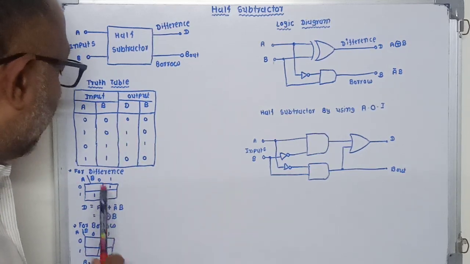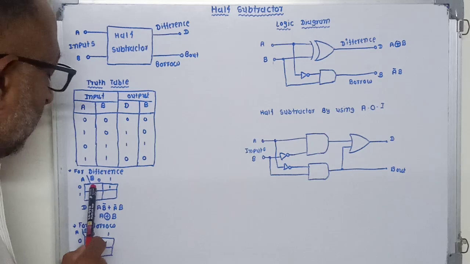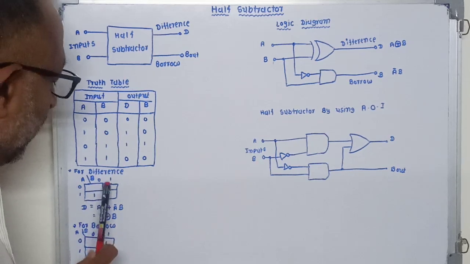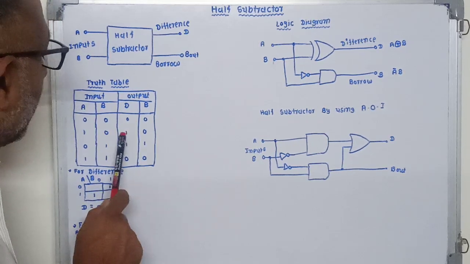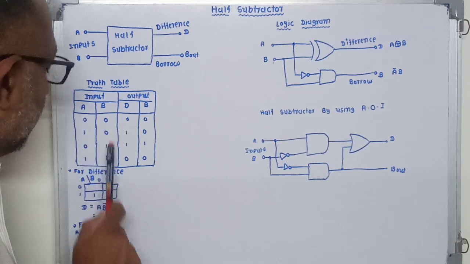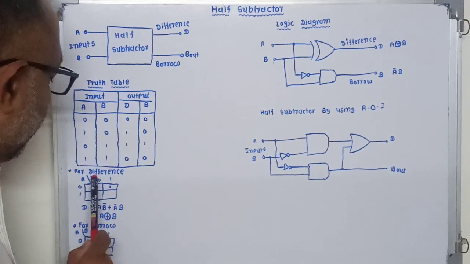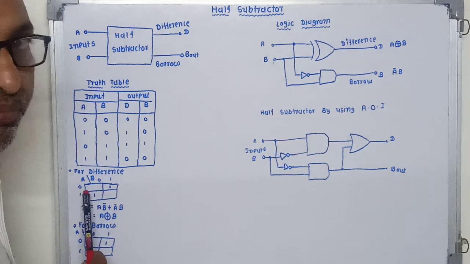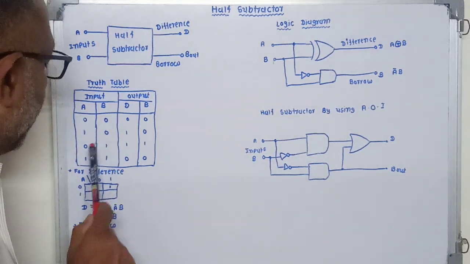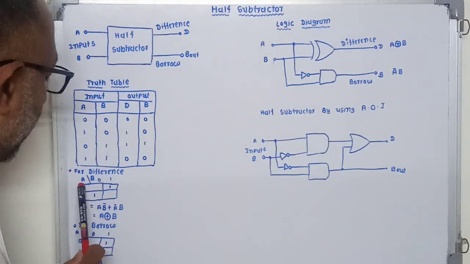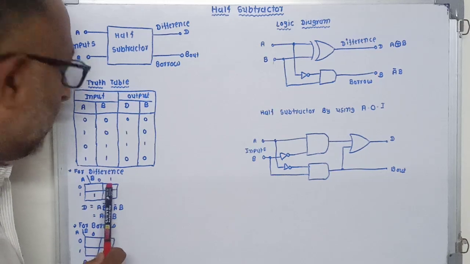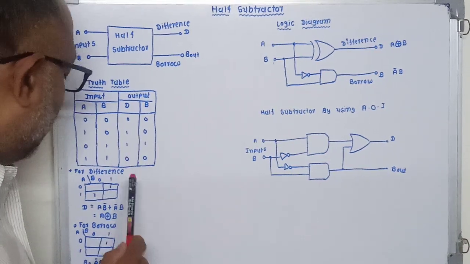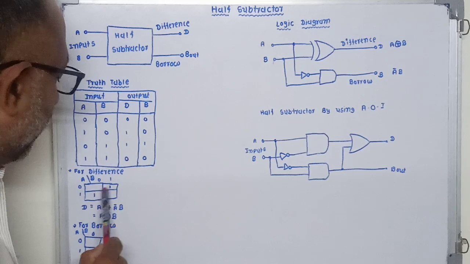So you can write 1 here, because for this one A is 1 and B is 0. And similarly for this one, A is 0 and B is 1. So here also 1. So now we are putting the 1 values in these cells.